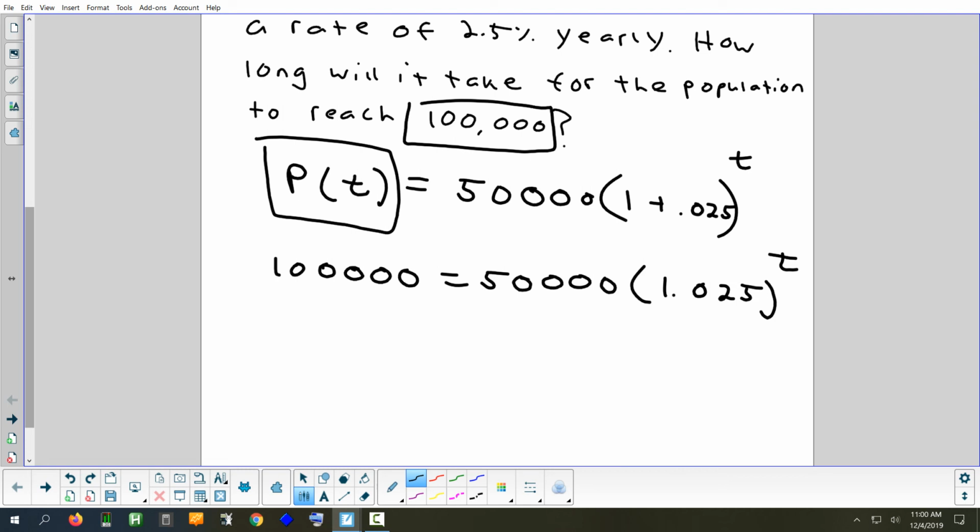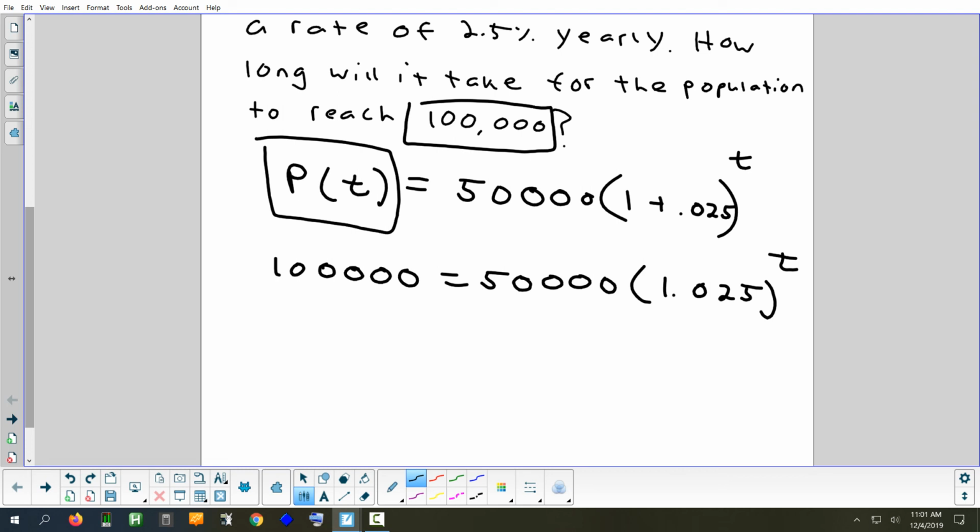Now, if I was going to solve this graphing, can someone remind me how we would have done this, just graphing it? And we did this back in section 5.1 a long time ago. Yep. Put the right half in for y1 and put 100,000 in for y2. Yep. And then what? Set your window so you can see it and then see where it intersects. Exactly. You just find the intersect between y1 and y2. But now it's said to solve algebraically.